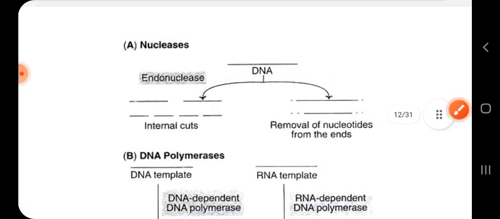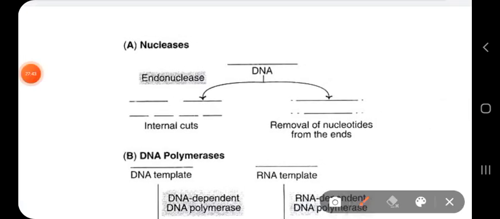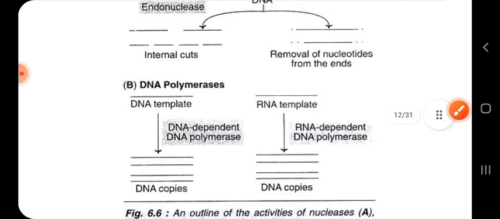So you can know that endonucleases make internal cuts to the DNA. Okay, DNA polymerase, with the help of a DNA template, makes multiple DNA. They make complementary DNA from that template DNA.